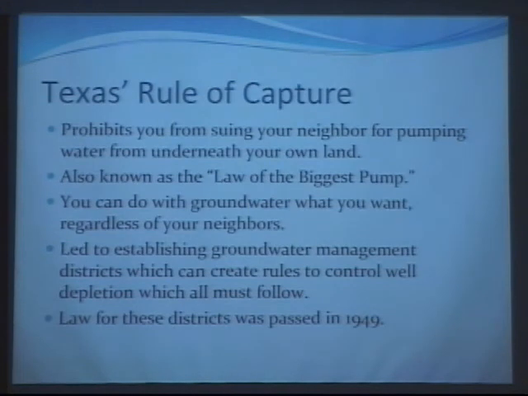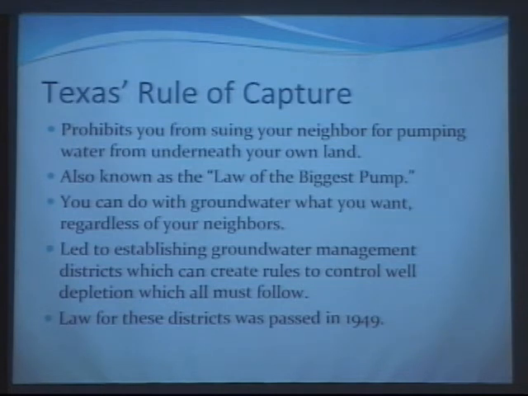Apparently this goes back maybe to Texas statehood, but it was certainly in place in the early 1900s before large irrigation was going on. And what it does is prohibit a person from suing your neighbor for pumping water from beneath your own land. So, say if you have a shallow well, your neighbor puts in a big well and lowers the water, you can't complain.